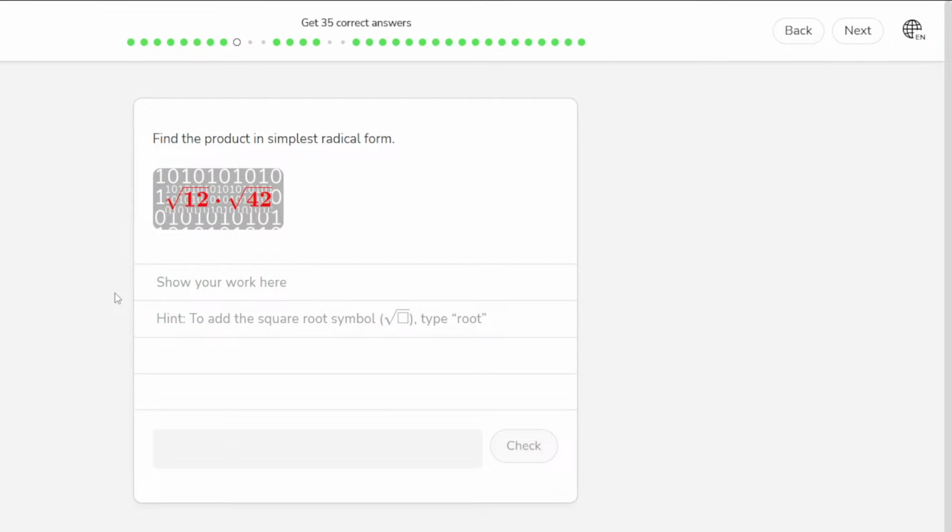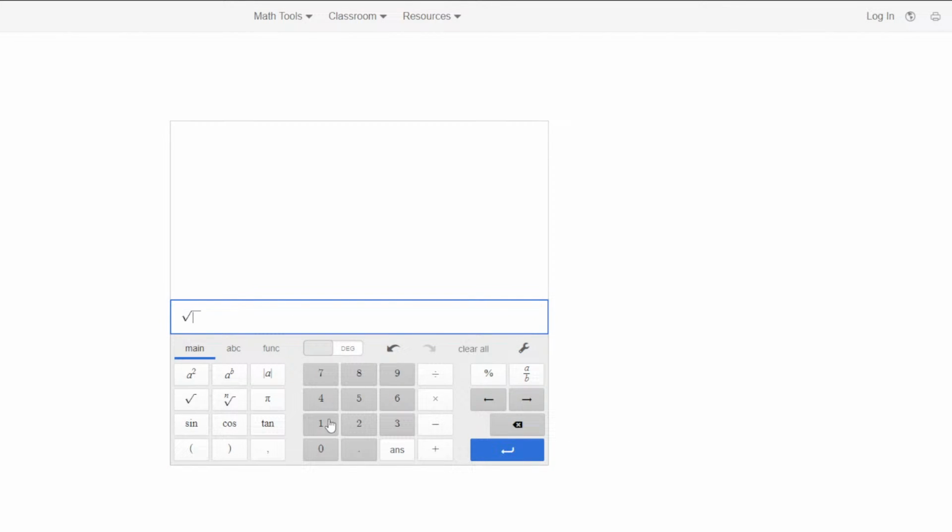So 2 times the square root of 6. No. I could square everything. And then that gets rid of that. Oh, I'm so lost.